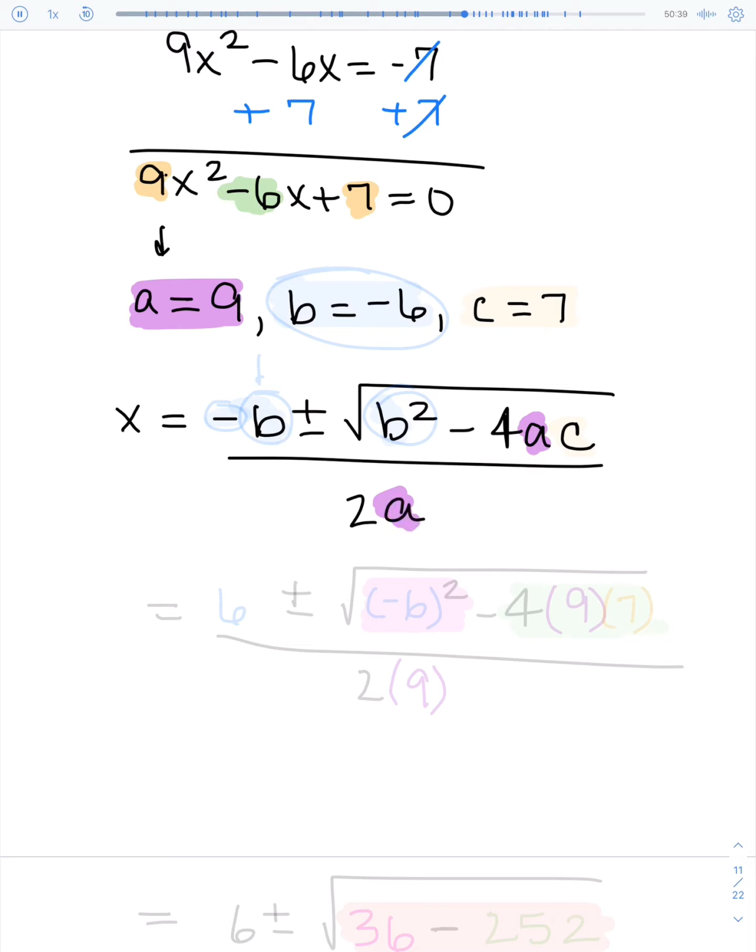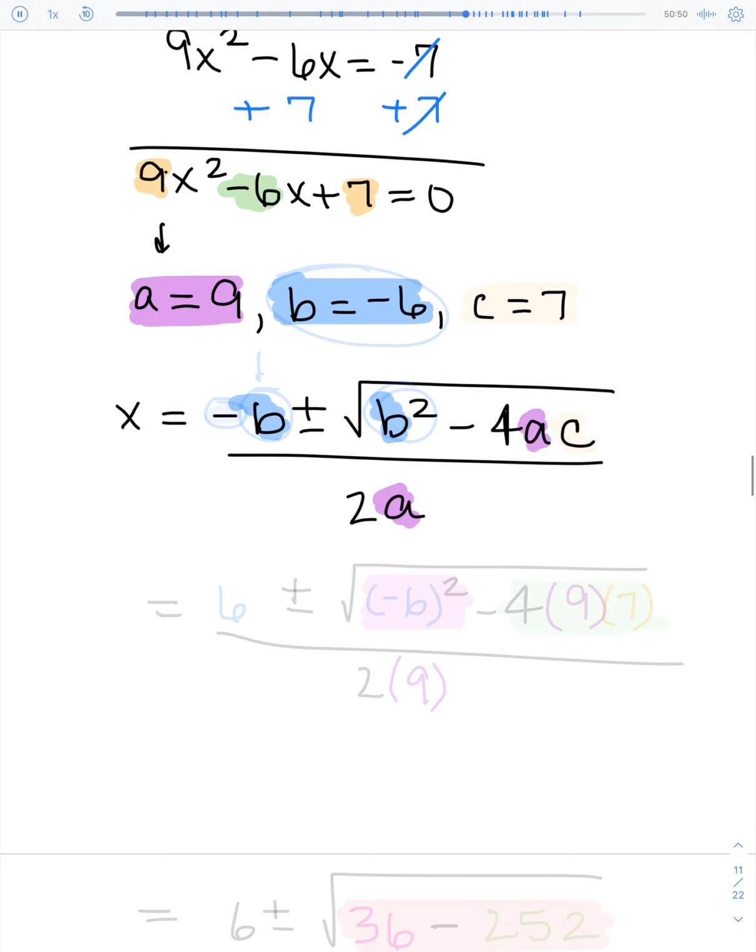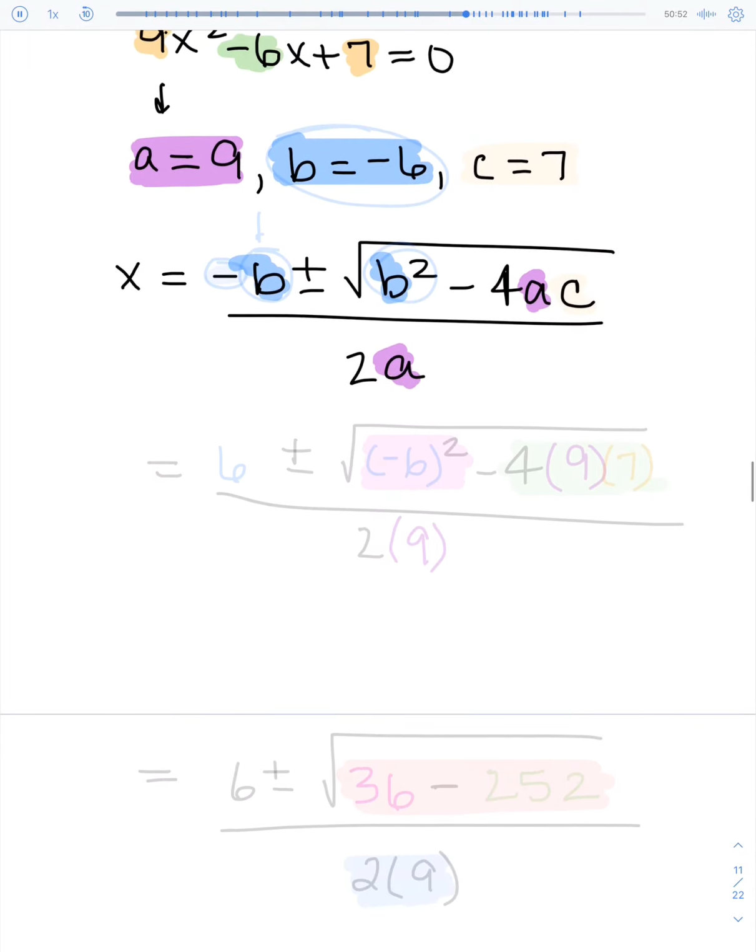We've got our b is negative 6. That's again going to go in 2 spots. And we've got a c, which is our 7, is only going to go in 1 spot. So let's see how this is going to work.